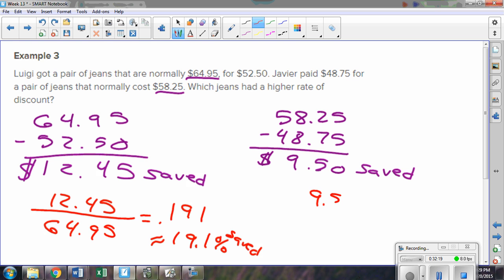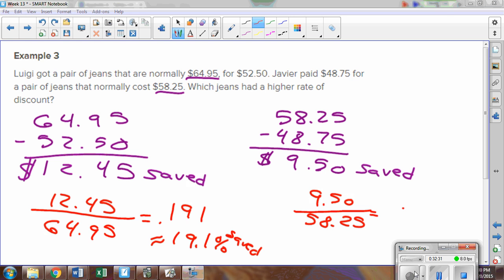Javier saved $9.50 out of the price of $48.25. I'm sorry, $58.25. So how much did he save here? $0.163. So he saved 16.3%.